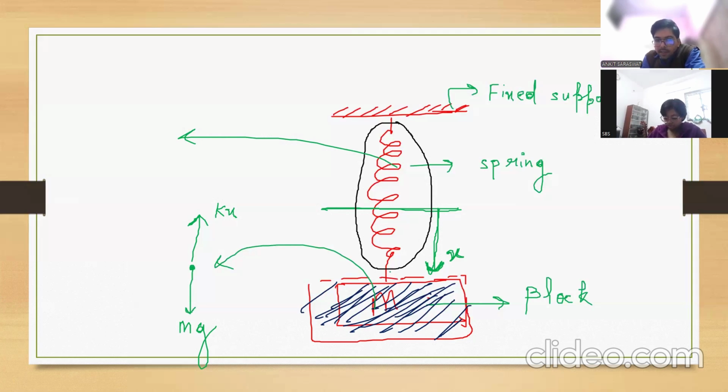If you look at the ends of this spring, mg is doing an action like this. What is the action here at the end of the spring? In which direction is the mass pulling it? Down.